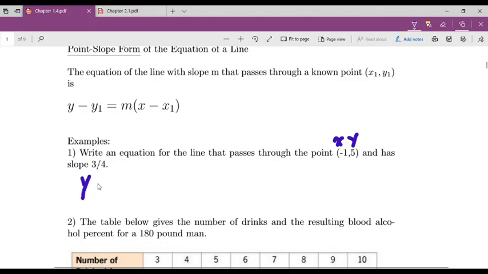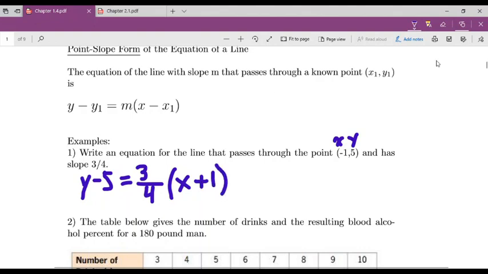So y minus y1, which is 5, equals the slope of your line, which is 3/4, times x minus x1. X minus x1, so I have minus a negative here. Minus a negative makes it a positive 1.